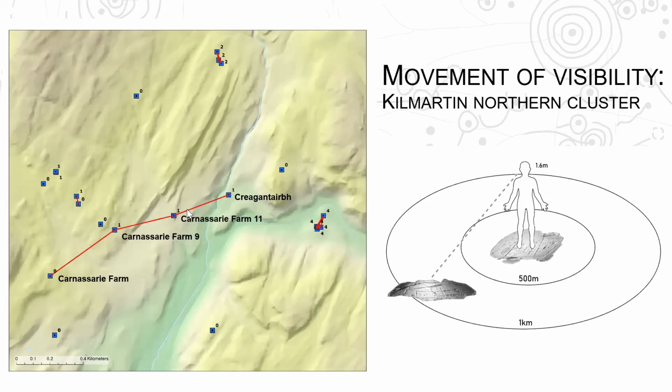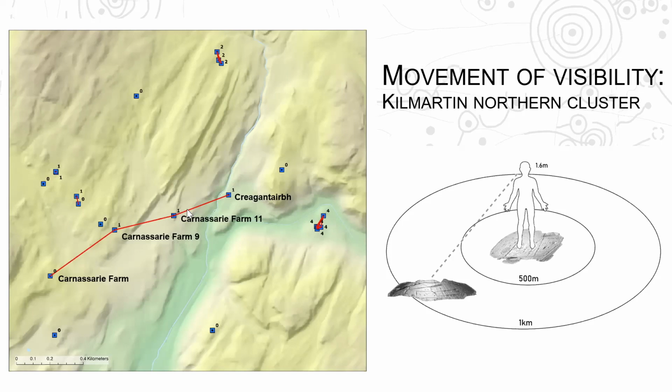So Craigentariff cannot see Carnassery Farm 11, but Carnassery Farm 11 can see Craigentariff, and so forth going up the hill. This one directional line of sight could indicate a particular movement of visibility that is related to these specific locations.